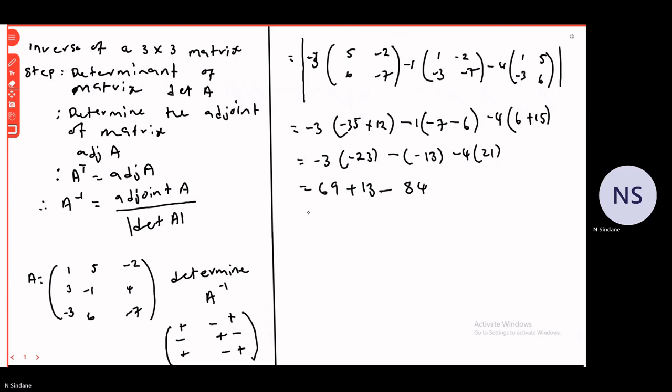This will give me 82 minus 84, which is equal to negative 2. That is my determinant, right? Therefore, my determinant is negative 2. So I'm just going to write here that the determinant of A is equal to negative 2.